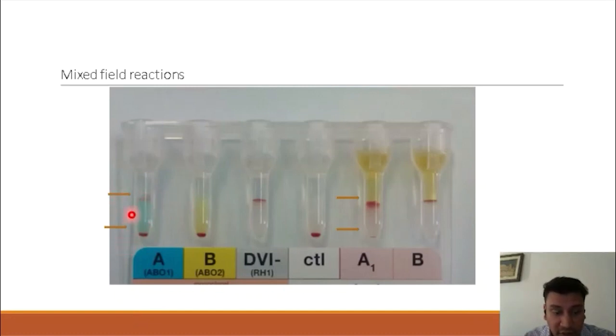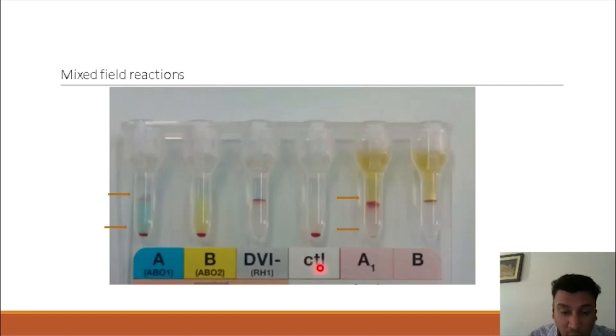In the first microtube, you can see this is a grouping card, a reverse grouping card. This well is actually coated with anti-A, and at the bottom you can see unagglutinated cells. At the top is a thin layer of agglutinated cells. With anti-B it's a negative reaction, with anti-D it's a positive reaction.